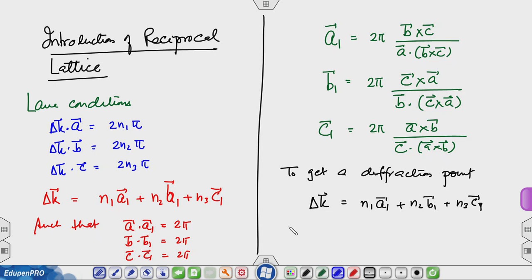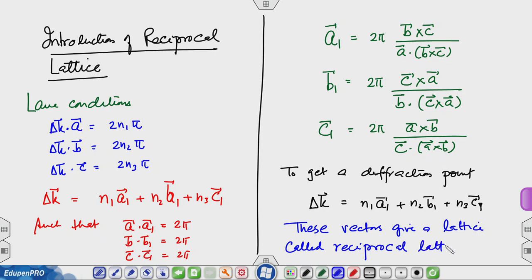So, these vectors give a lattice called reciprocal lattice. So, just like we have a lattice in regular space for the crystal, every crystal now has an associated reciprocal lattice. And the advantage of that reciprocal lattice is that any delta k, which is a vector in that lattice, is a possible direction of seeing an X-ray diffraction.